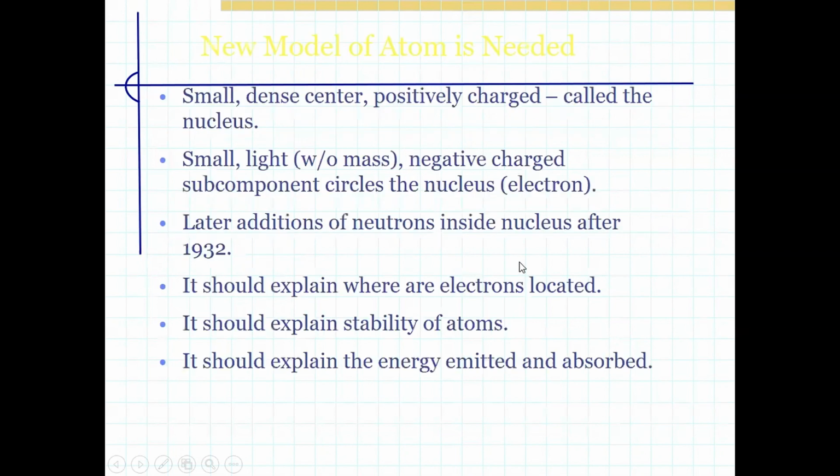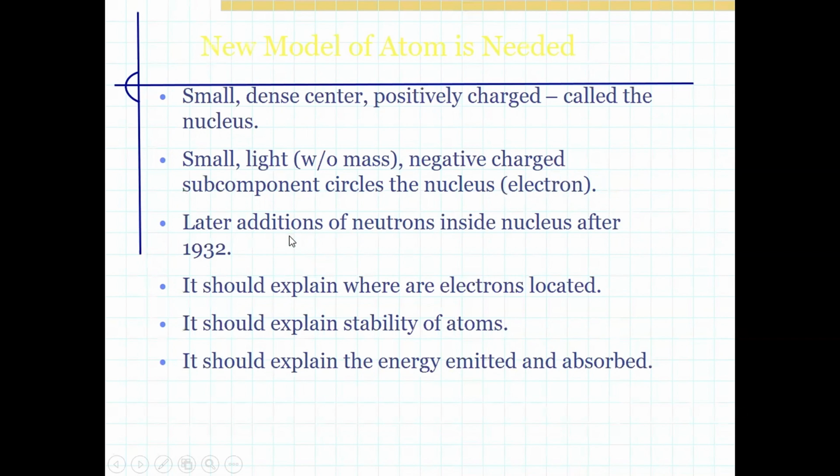So, up to this point, what we know about the atom: small dense matter, positively charged, called nucleus at the center. Small, light, with very, very small mass, negatively charged subcomponents that are circling around the nucleus, termed as electrons.